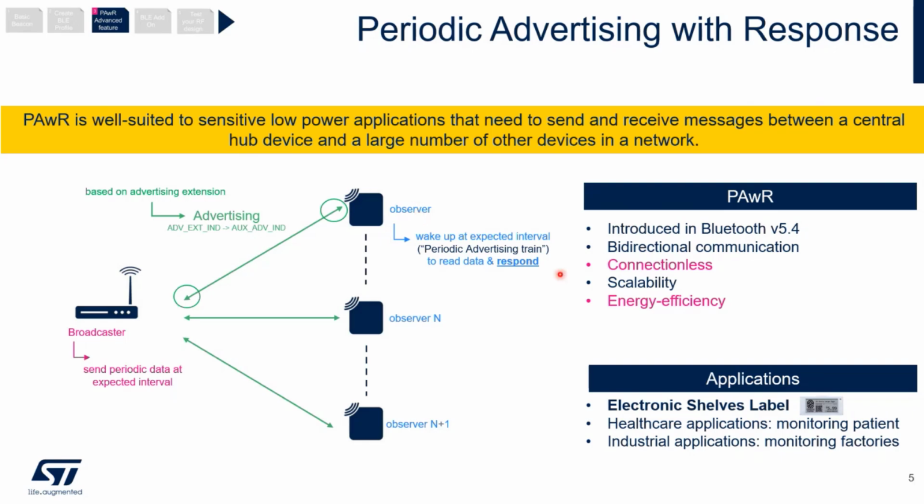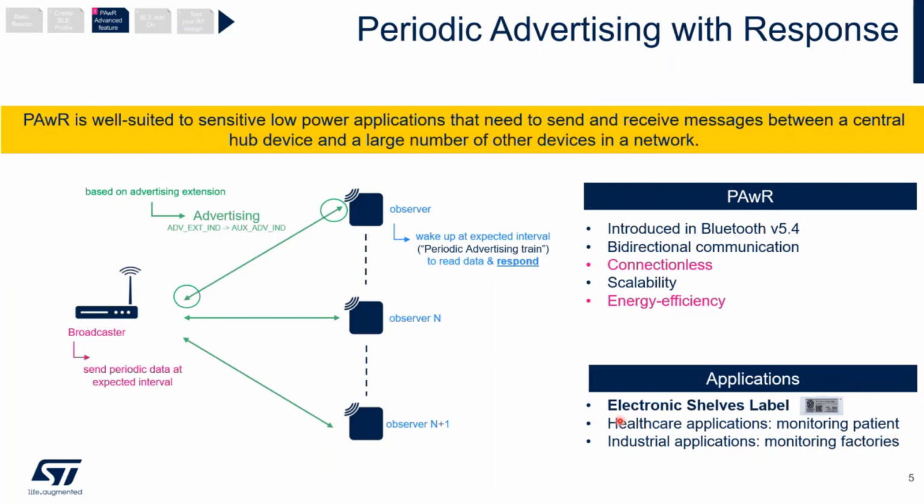Again, this is scalable because you can add a new device in your periodic advertising network easily. You just need to inform the observer about the periodic advertising train, and then, okay, it's part of the network, okay.